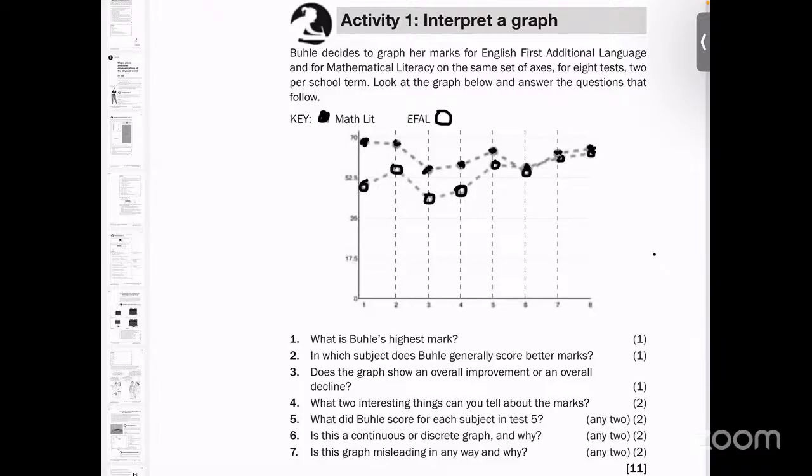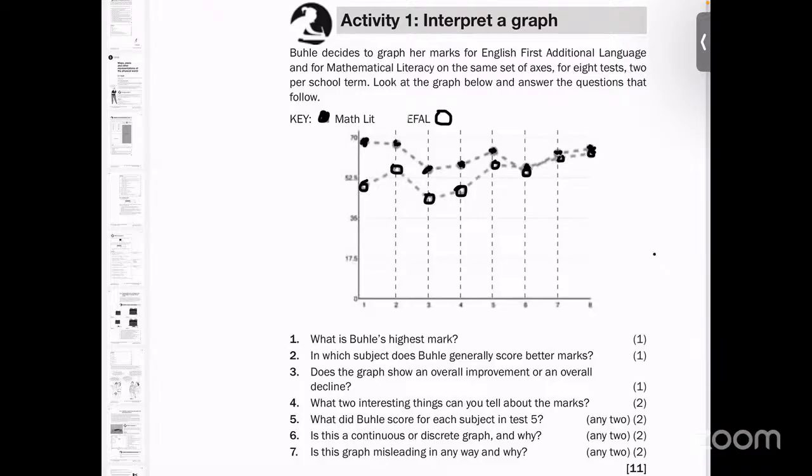Okay, there is another question where they say, what did Butle score for each subject in test number 5?